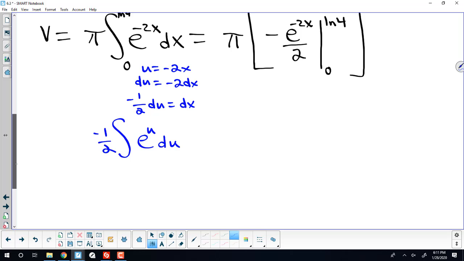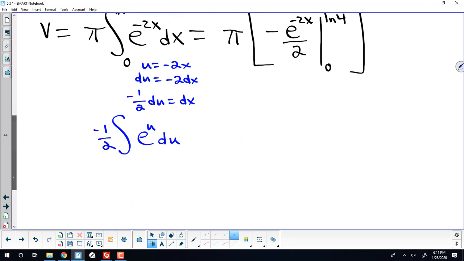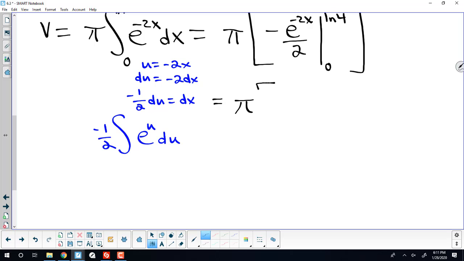It's just much more efficient if you just know those antiderivatives, especially of these functions with a linear argument, as opposed to going through a u substitution each time. Okay, so we've got our pi. And I'm actually going to pull out our constant of negative 1/2 as well. You can carry it through both computations. I just prefer to take them out.